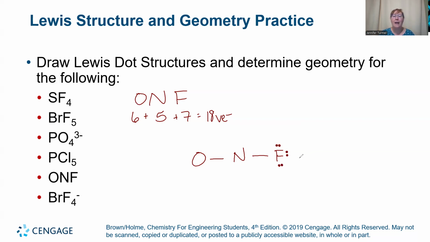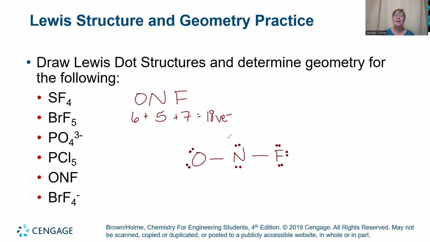All right, so now I have 10 electrons, so 2, 4, 6, 8, 10 electrons. And I have 8 left to place. So there's 2, 4, 6 and 8. Okay, that's my 18 electrons.